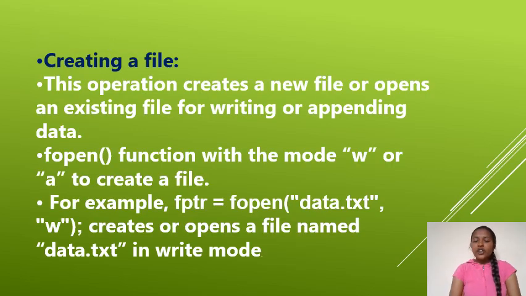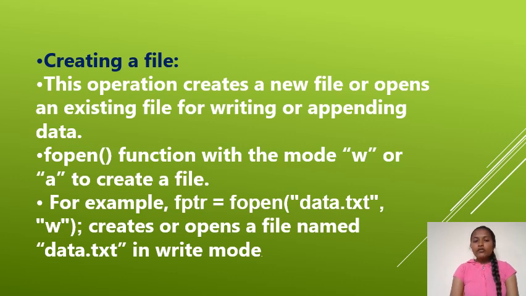In this operation we can create a new file or open an existing file for writing or appending data. For creating a file, we use a function called fopen. It depends on the modes. W is for writing mode, A is for appending mode.